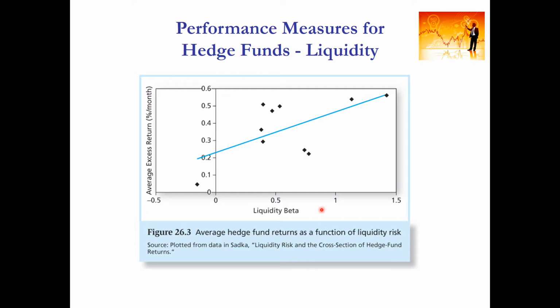We can see that if we plot the values of these hedge funds through time, there is a pretty clear positive relationship between exposure to liquidity risk and return. So this is giving us an indication that hedge fund returns are actually partly explained by liquidity risk, and this is one big reason why it can be difficult to provide an accurate evaluation of the performance of hedge funds on a risk-adjusted basis.